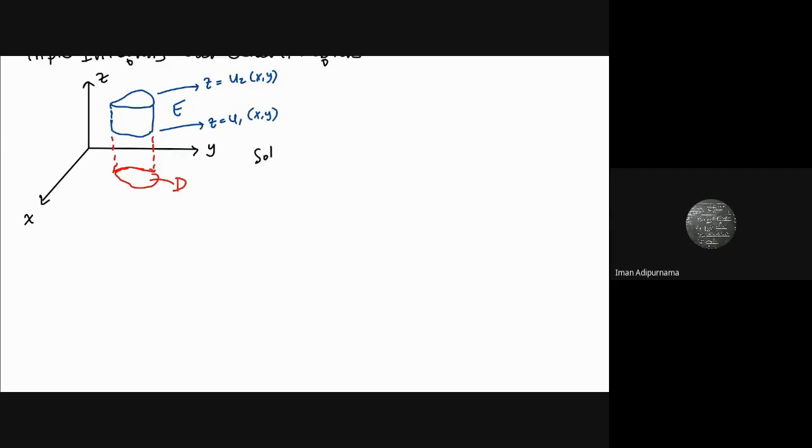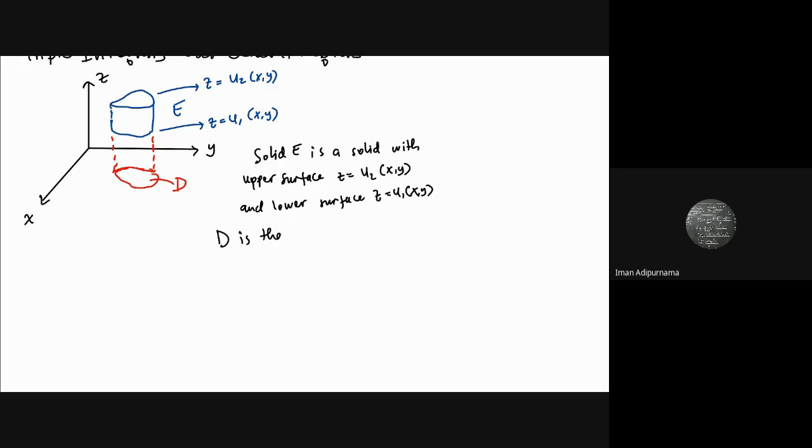Let's say solid E is a solid with an upper surface and a lower surface. And D is the projection of E on the XY plane.